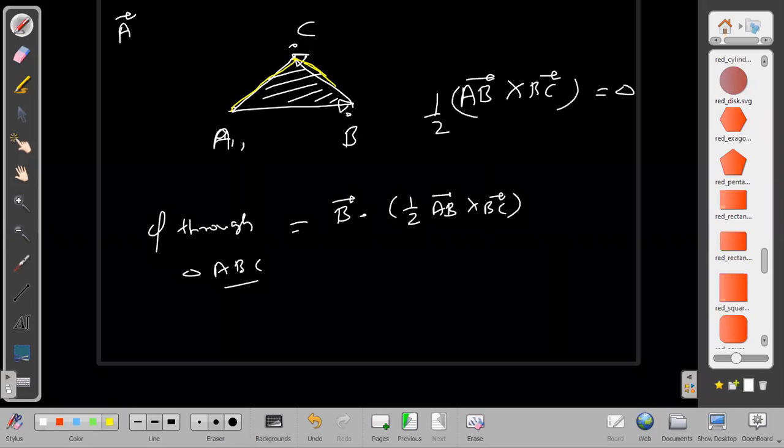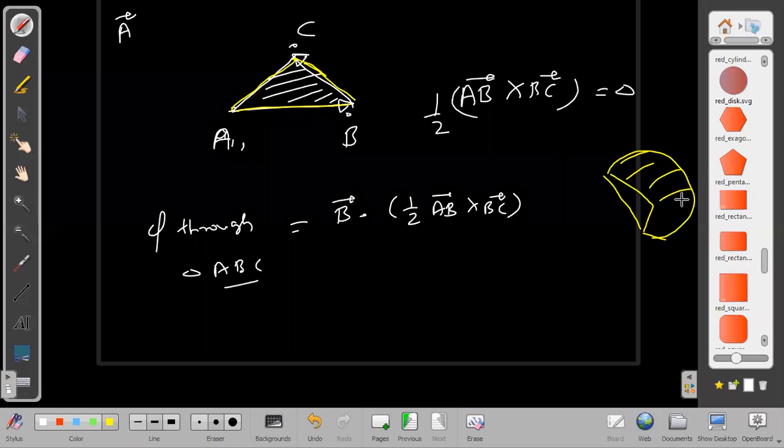After that, you can blow a bubble from this boundary and form a surface which is bulging out like this. You understood what I'm saying here? This surface may be bulging out. We don't care. As long as the boundary remains the same, as long as the boundary is ABC, the magnetic flux will remain B dot half of AB cross BC. That will be the magnetic flux passing through it.